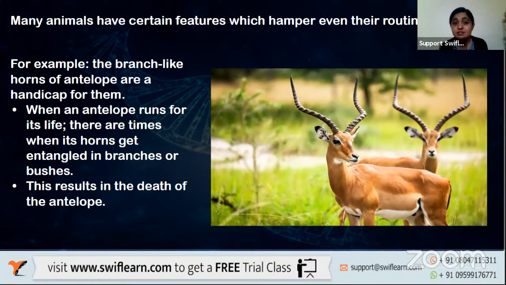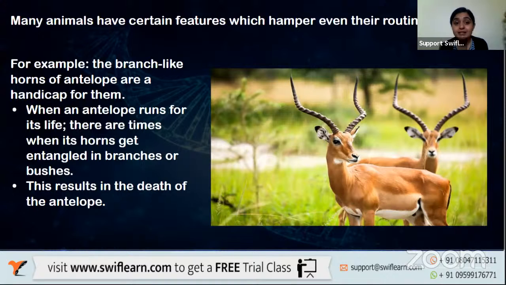Many animals have certain features which hamper even their routine activities. If you can see these antelopes right here in front of you, what is the drawback? If you look into the picture and observe, the drawback is right there, the horns, I would say. What exactly do they do? For example, the branch-like horns of antelopes are a handicap for them.